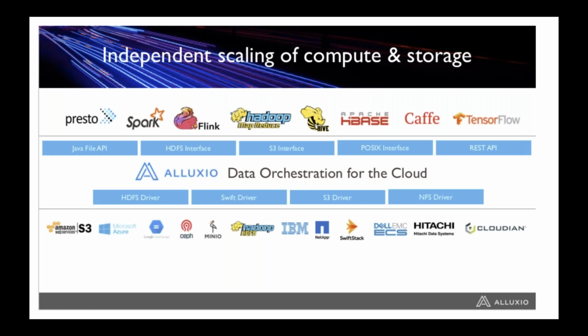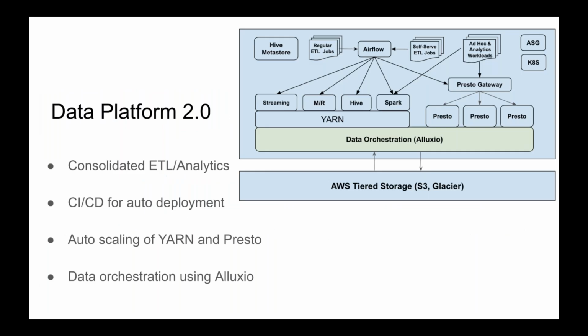Beyond that, of course, when Alluxio started, it was meant to be a caching service, right? So you cache the data, and you get the performance of caching. Inspired by this, we decided to introduce Alluxio as a data orchestration layer and rebuild our data infrastructure.